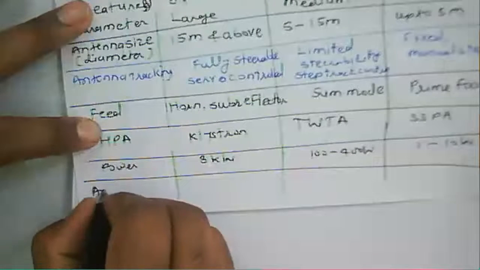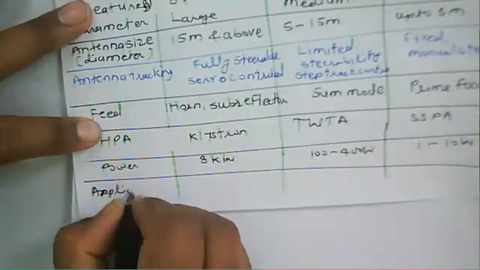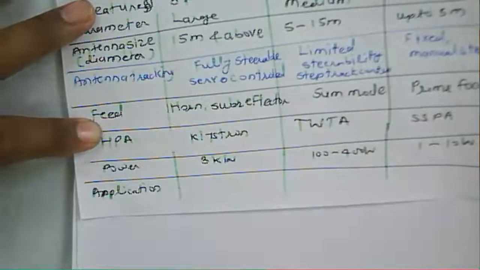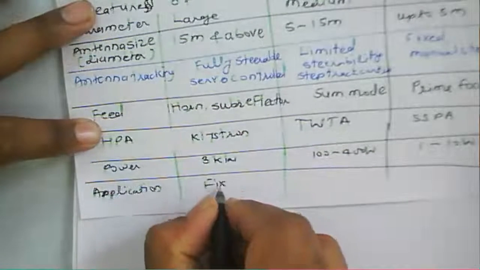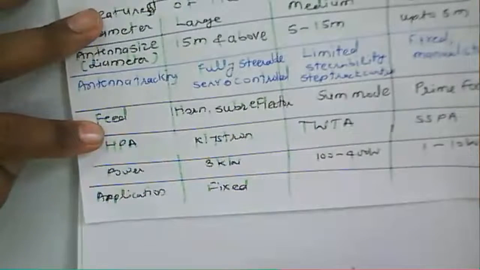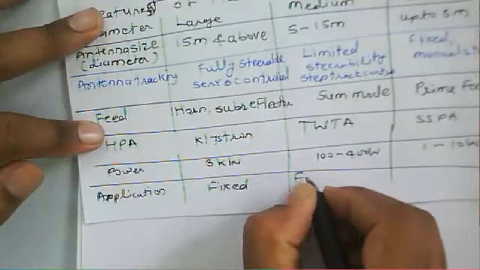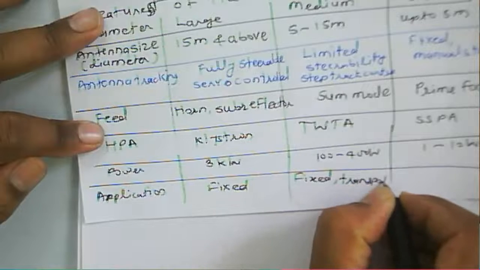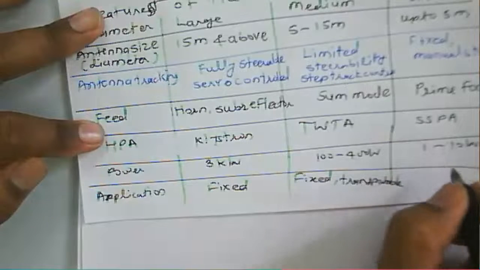Then we can say the applications are fixed traffic and so on. Here the application is fixed, and it is transportable.